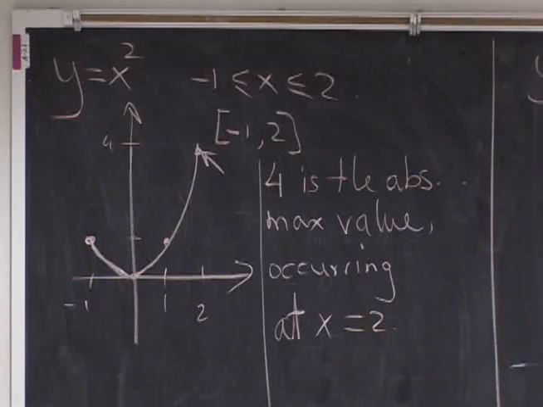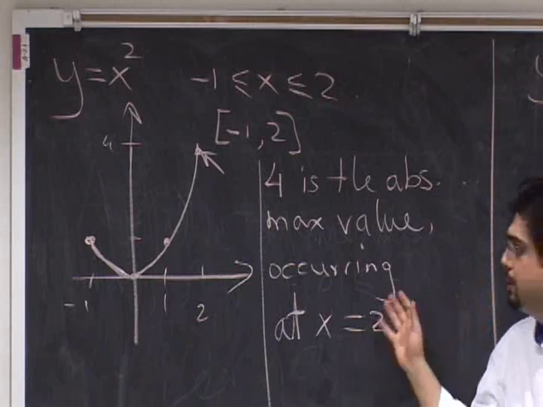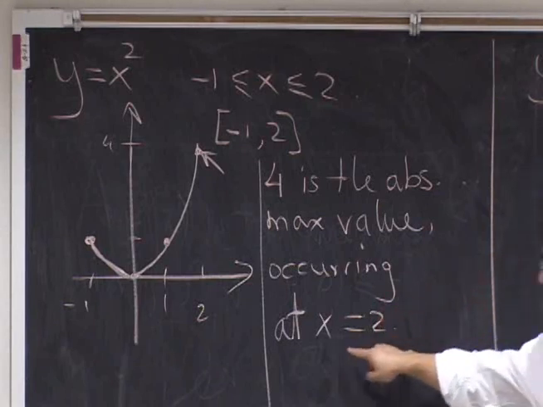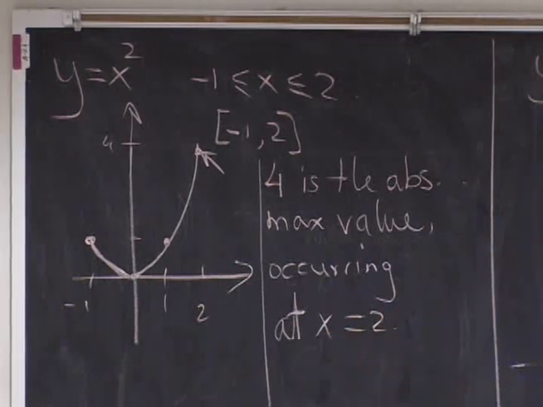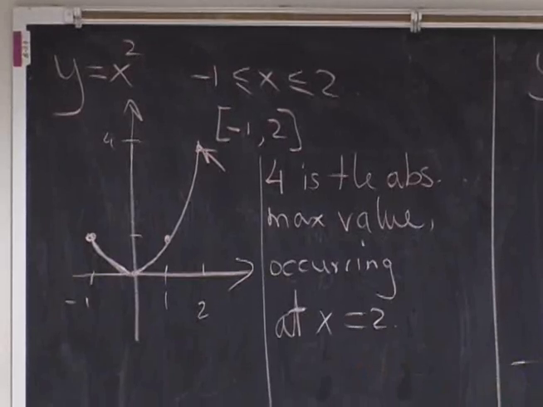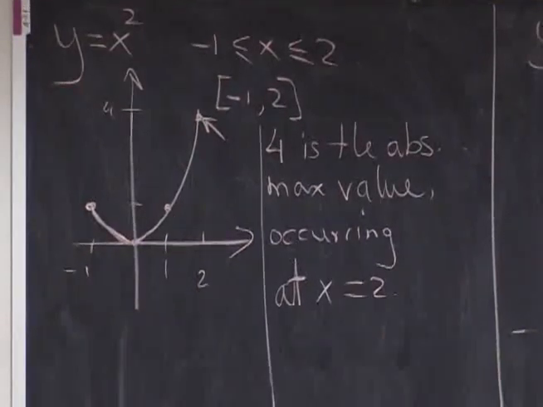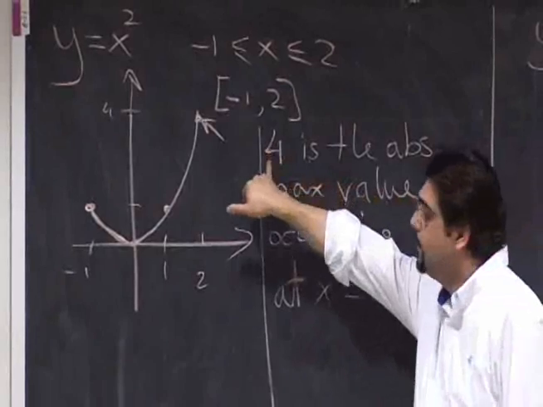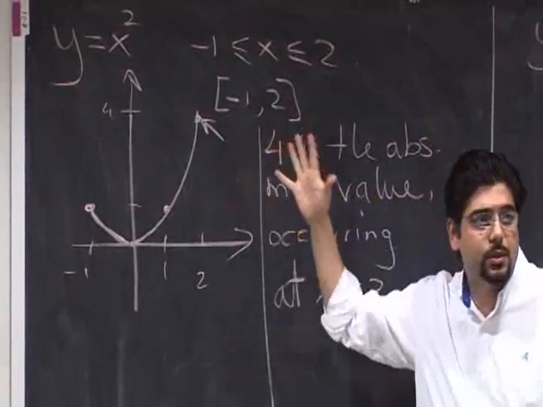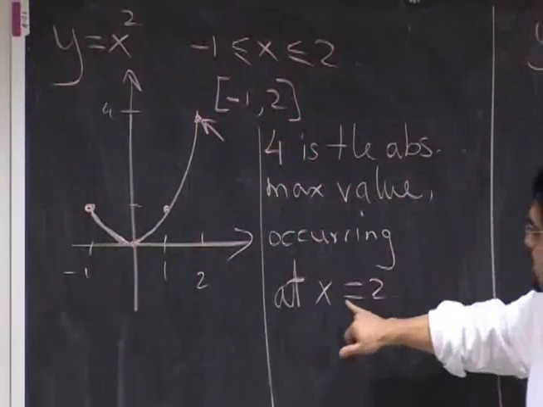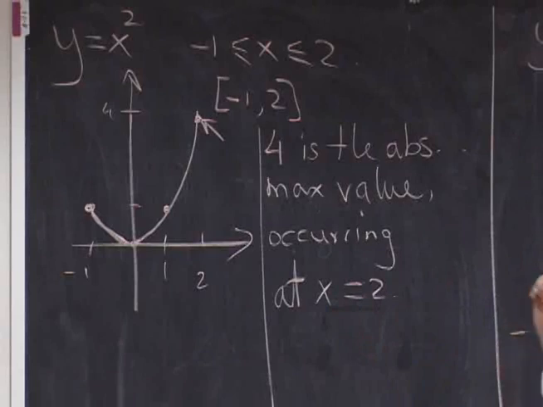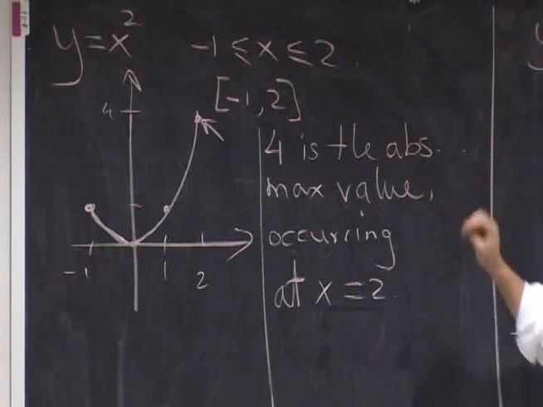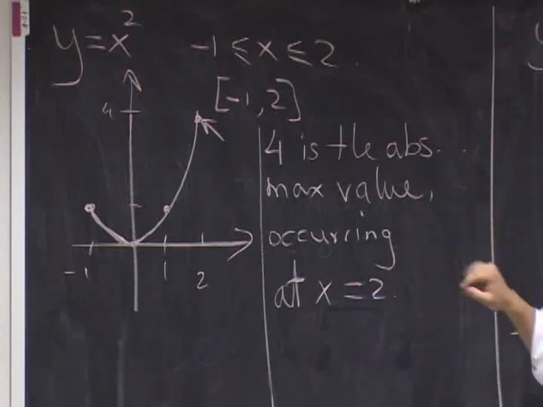Okay? So if you're asked where is the absolute maximum, you say it's at x equals 2. What is the absolute maximum value? The absolute maximum value is 4. That's the maximum value, and this is where it occurs. So that's the distinction between the two parts of that sentence.